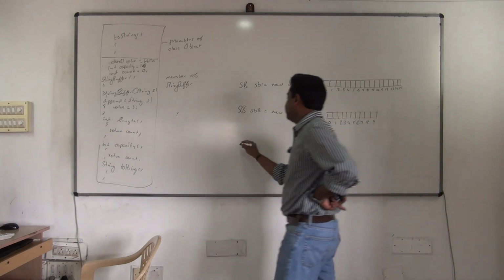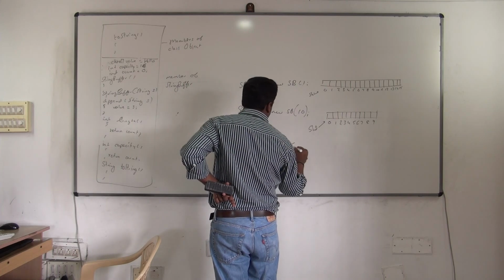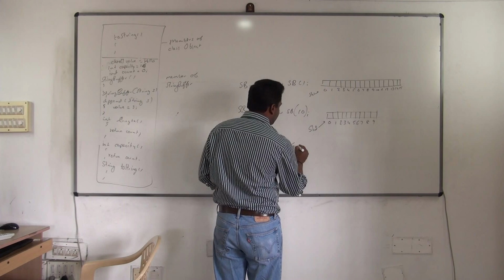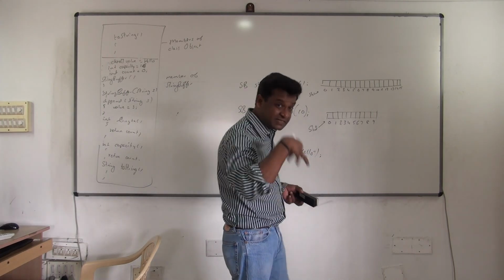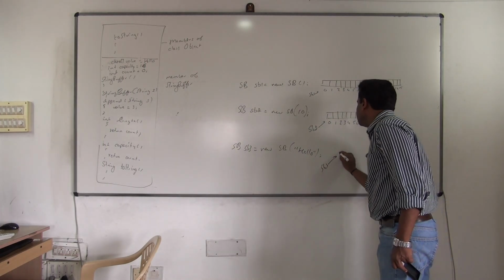Now one more you saw. StringBuffer sb3 = new StringBuffer("hello"). This time what happens? I'll take hello only. So how many now? 5 plus 16. I showed you the source code also. Don't bother too much about source code.